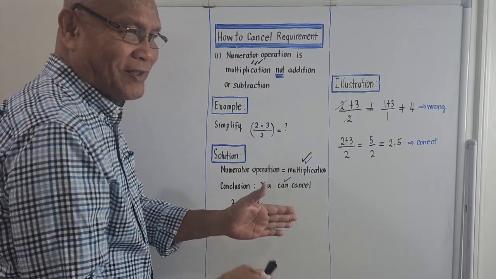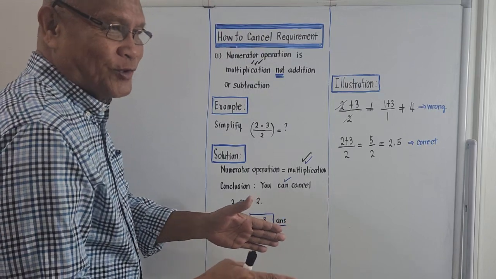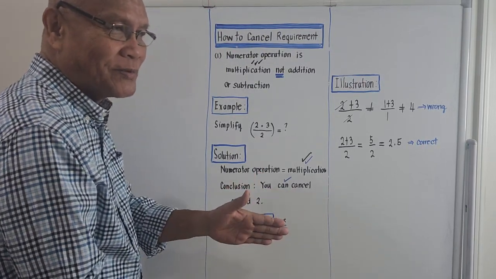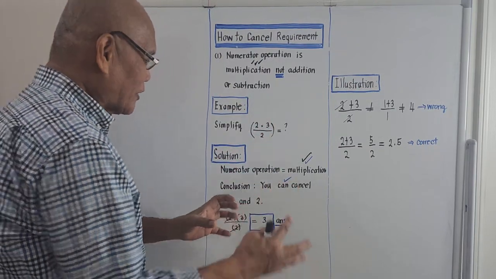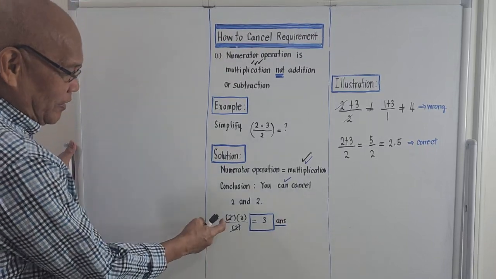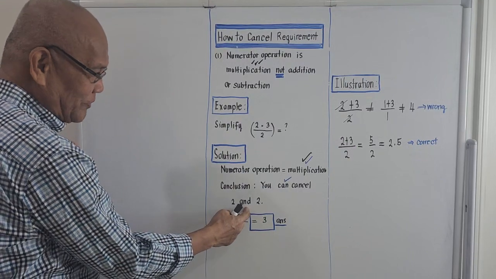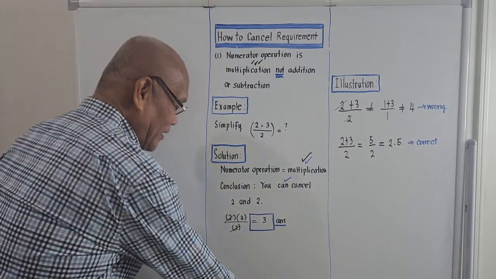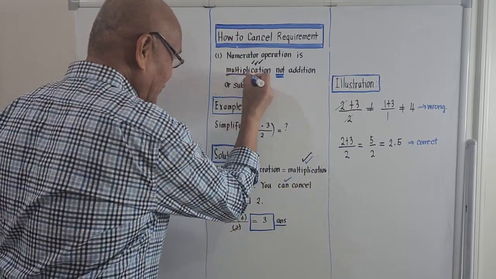Actually, the ones we are canceling are similar terms, right? So we can proceed with the cancellation of similar terms for both the numerator and denominator. If we continue, we will rewrite this one here: 2 times 3, the operation is multiplication, all over 2. It's a must that the operation should be multiplication.